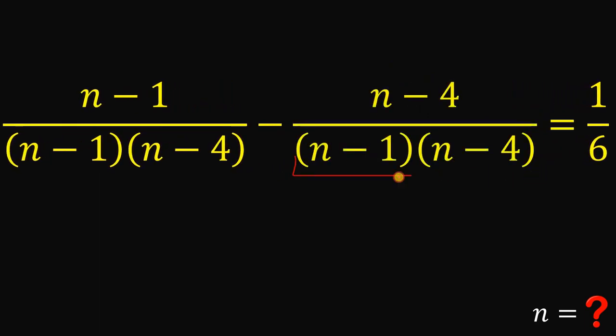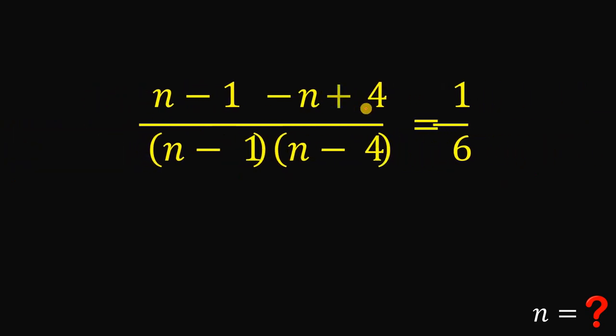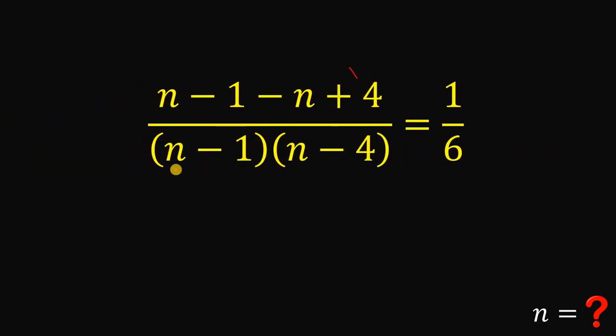Now, we have the same denominator, (n minus 1)(n minus 4), so we can combine these two fractions. We get n minus 1 minus n plus 4 on the numerator over (n minus 1)(n minus 4) on the denominator. Again, we can cancel out positive and negative n, and negative 1 plus 4 gives us positive 3.